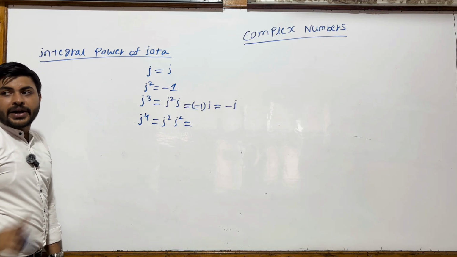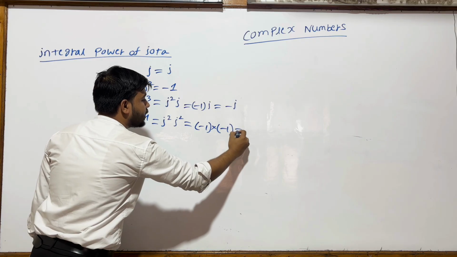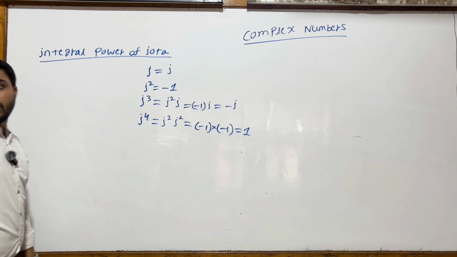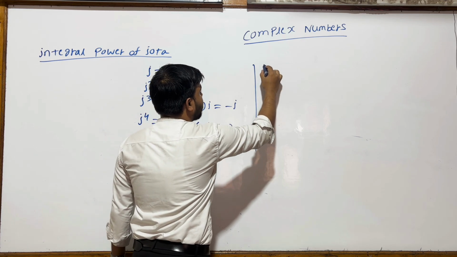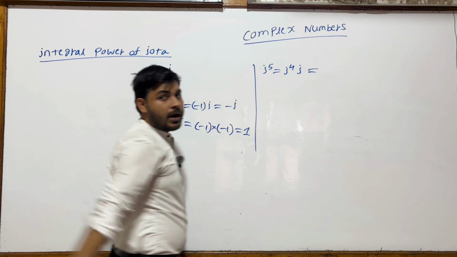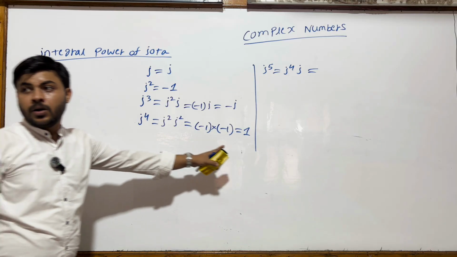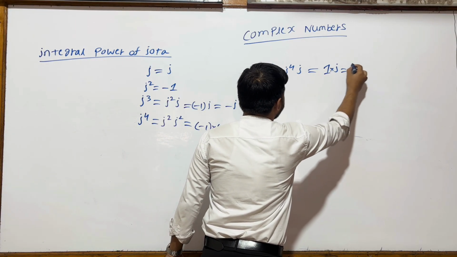The value of i square is minus 1, so minus 1 into minus 1, that is plus 1. Next, i to the power 5 is i to the power 4 into i. The value of i to the power 4 is 1, so 1 into i, that is i.